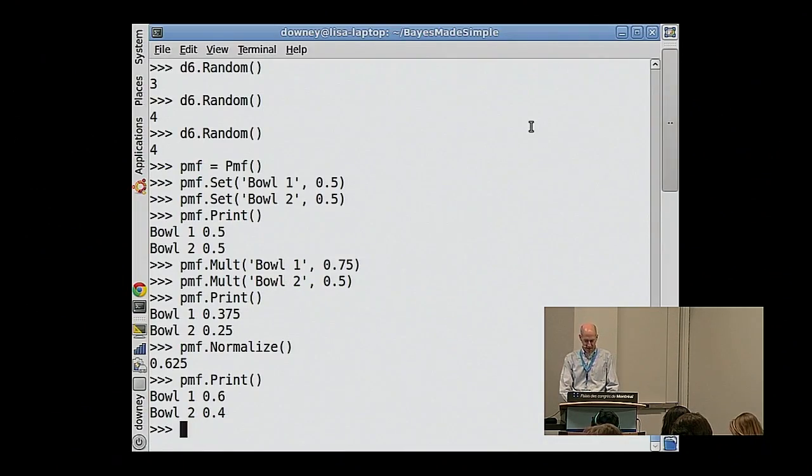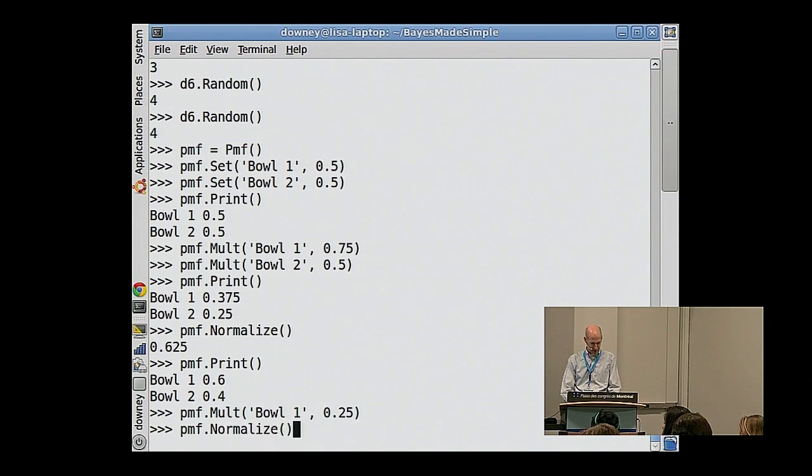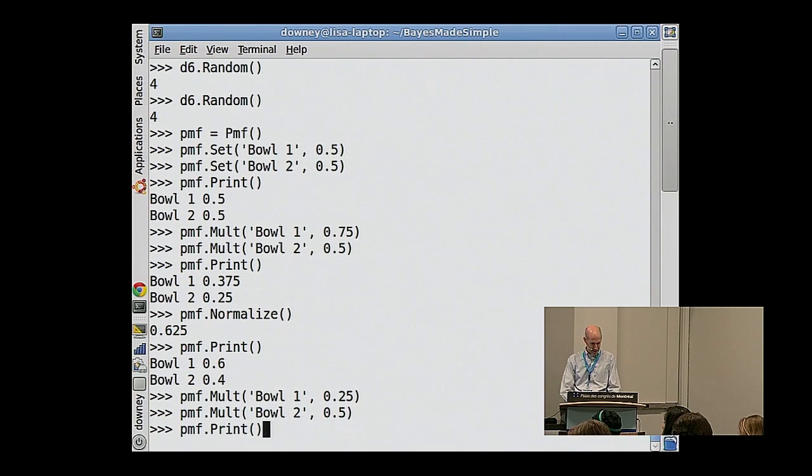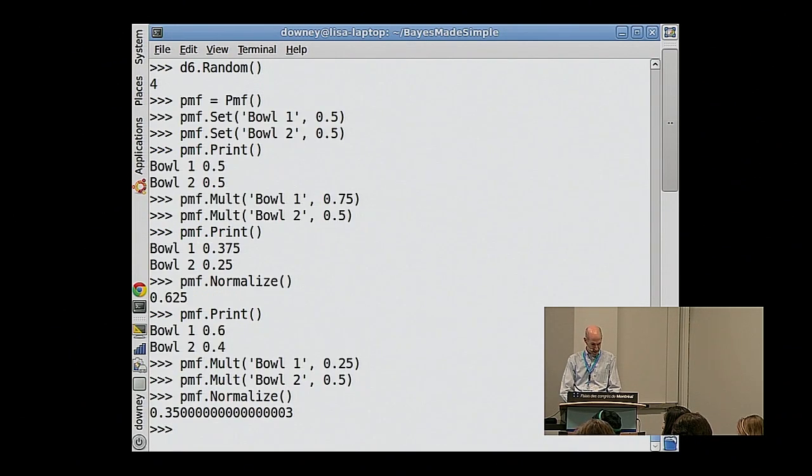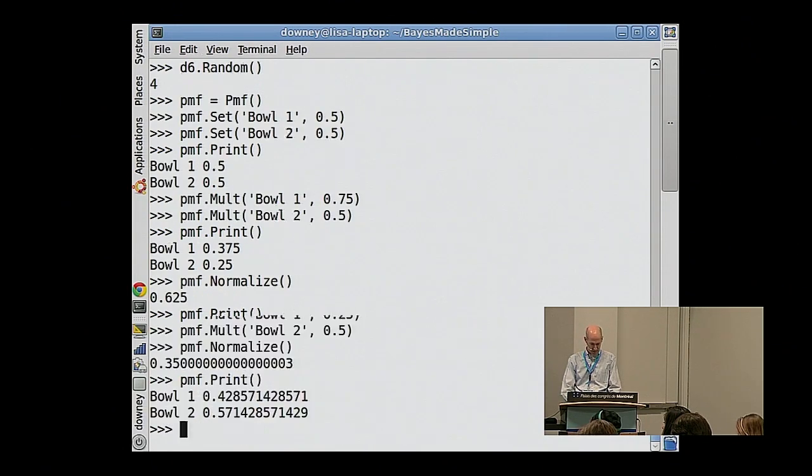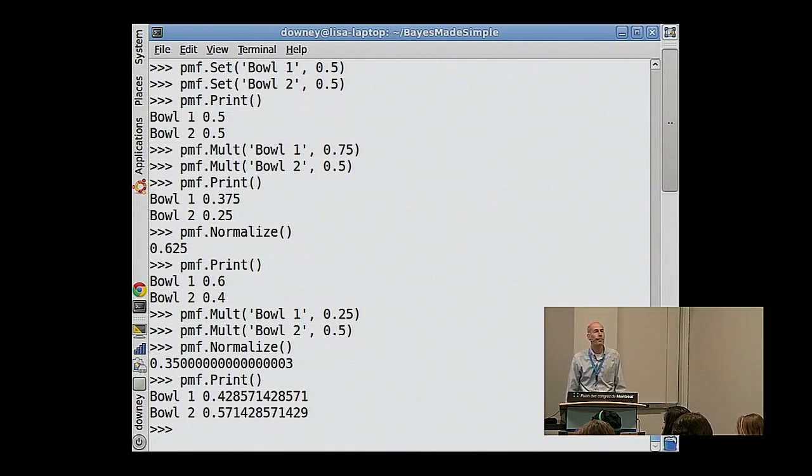All right. So let's just see what that looks like. We're going to multiply bowl 1 by 25, multiply bowl 2 by 50%, renormalize, and print that distribution again. And you should see a result that looks like that.